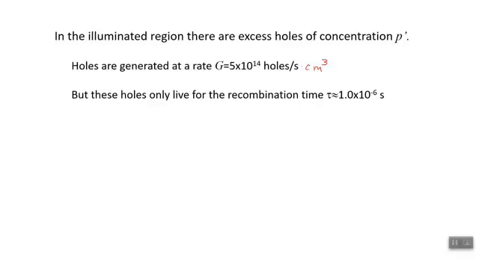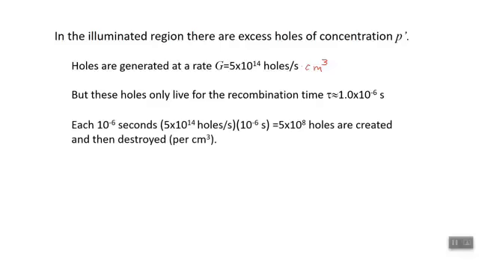And so really what I should say is every microsecond we make holes at the rate of 5 times 10 to the 14th per second, meaning every microsecond we make 5 times 10 to the 8th holes and destroy them. And then next microsecond, we make them again and destroy them. So we make 500 million holes every microsecond per cubic centimeter and destroy them and do it all over again.